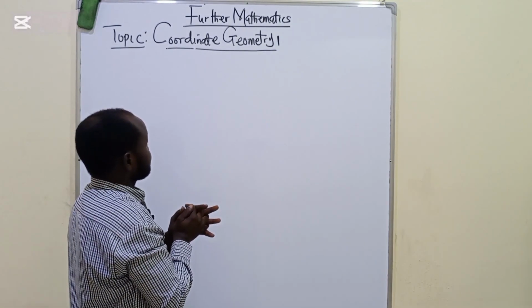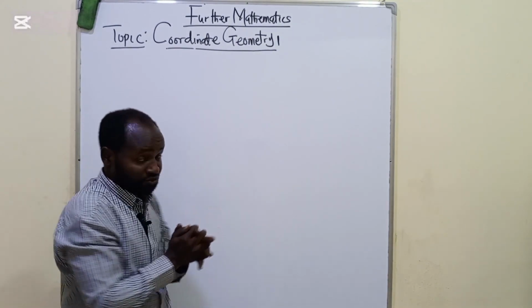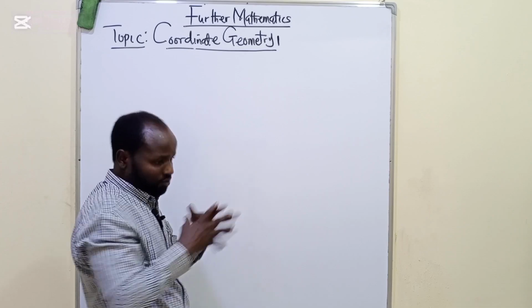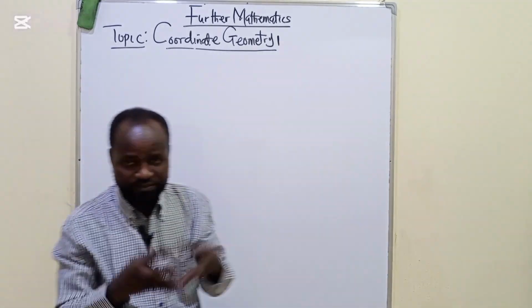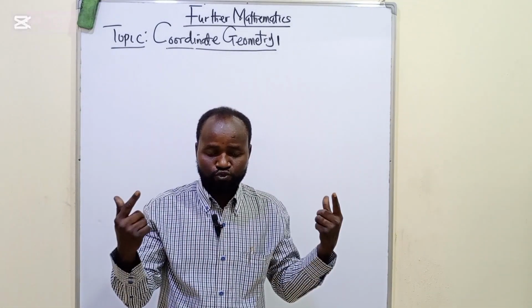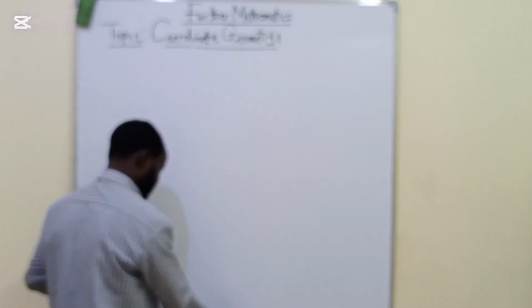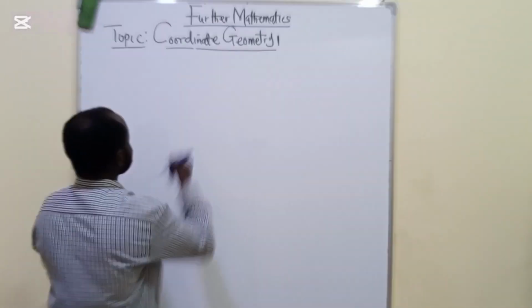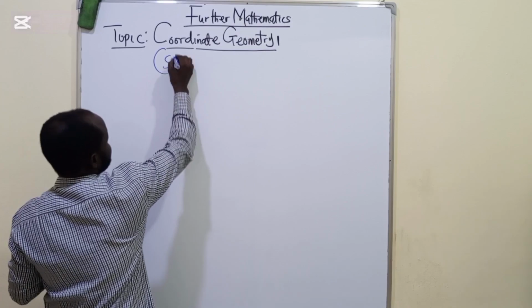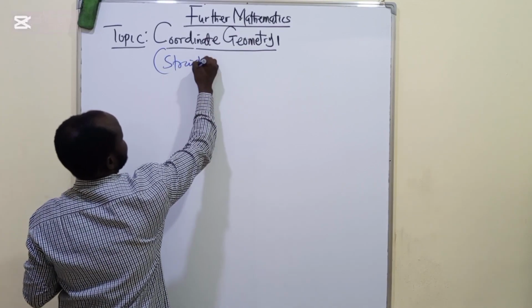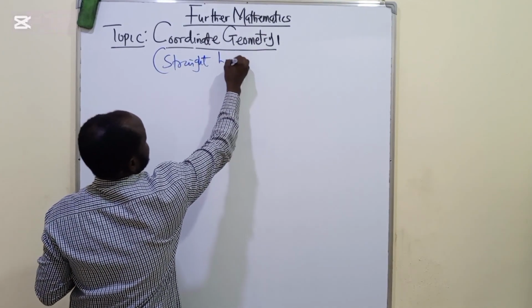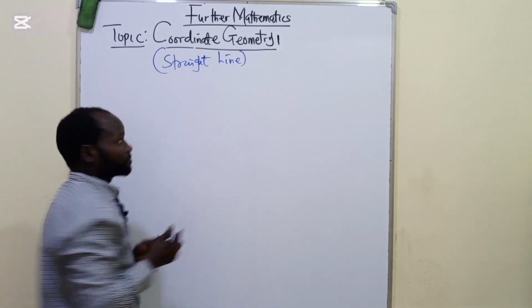Let's look at the concept of coordinate geometry. Under this coordinate geometry, we'll be looking at the distance between 2 points. That's the line segment. Let me put it in brackets, straight line, because we'll center our discussion on the straight line.